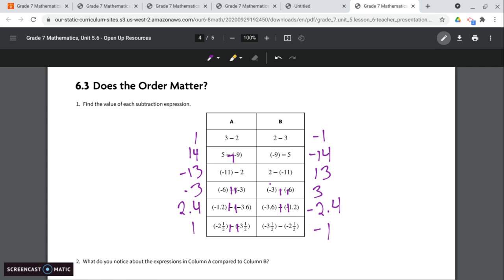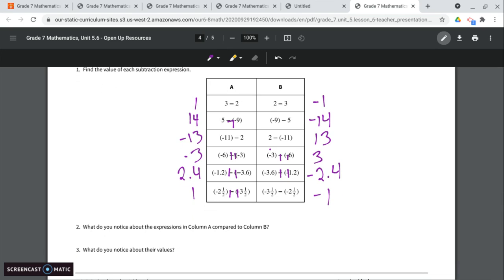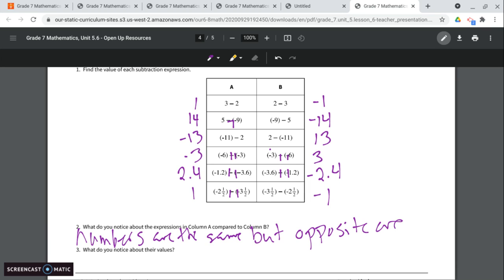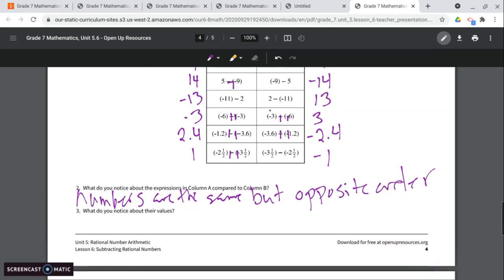So what do you notice about these? So the numbers are the same, but subtracted in the opposite order. And what do we notice about their values?